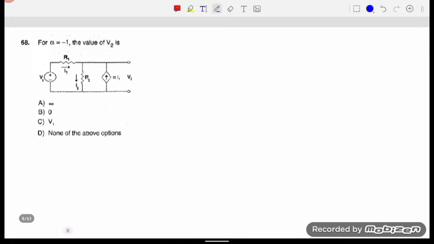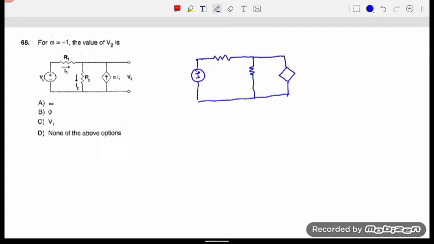Question 68. It says: look at the circuit, for alpha equal to -1, the value of V2 is. Okay, let me draw this circuit. This current is I1, right?